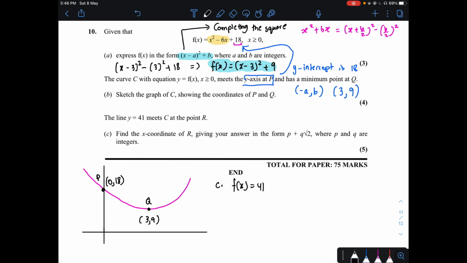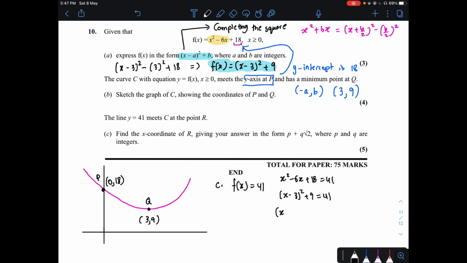Either you equate the first expression, so x squared minus 6x plus 18 equals 41, or the easier route, which is x minus 3 whole squared plus 9 equals 41. Actually you can use the second method, yeah.